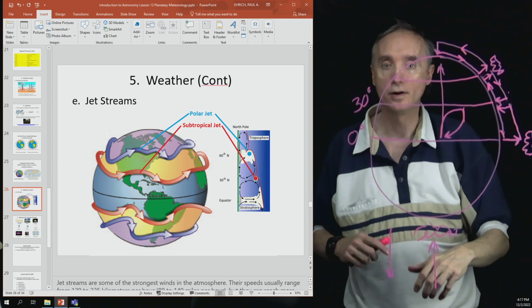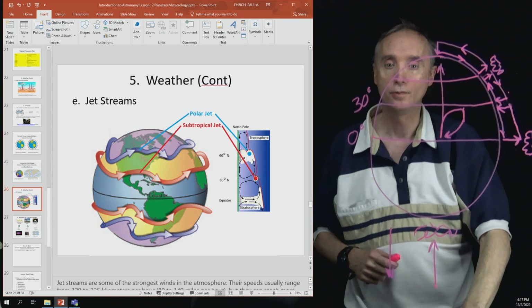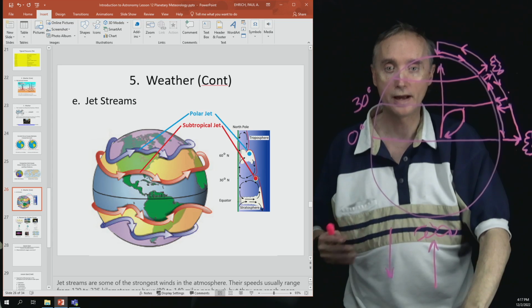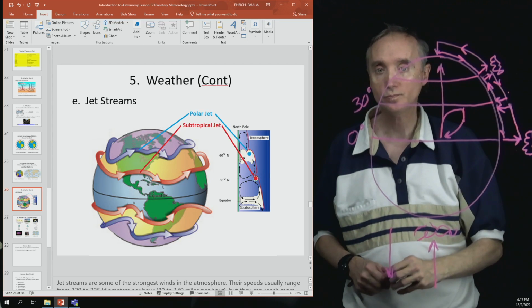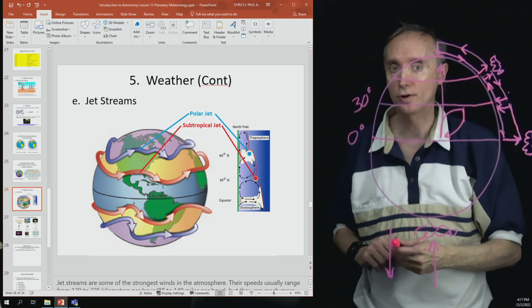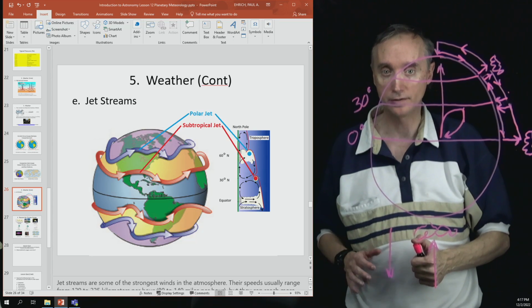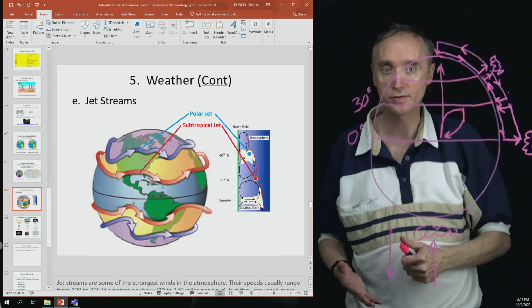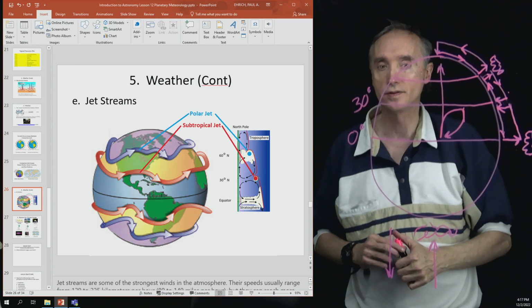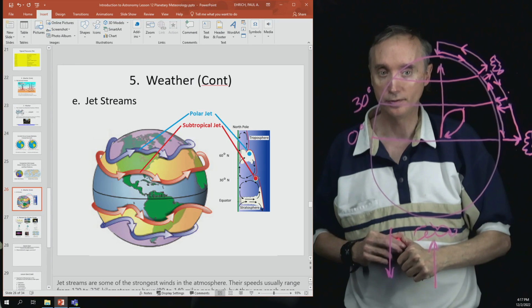And same thing for cold weather and warm weather patterns, which can also be steered by the jet streams. So here in Missouri, we're more interested in the polar jet stream. But if you live in California, Los Angeles, you're going to be more interested in the subtropical jet stream and what it can do.